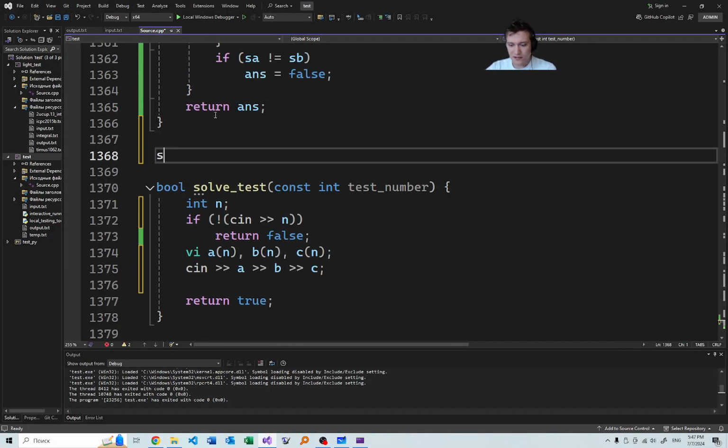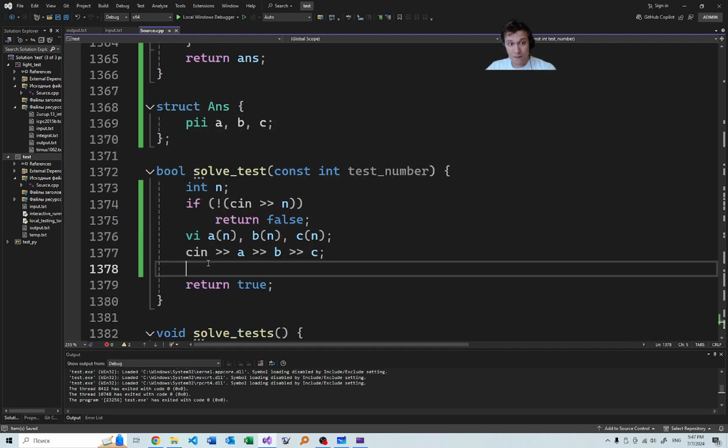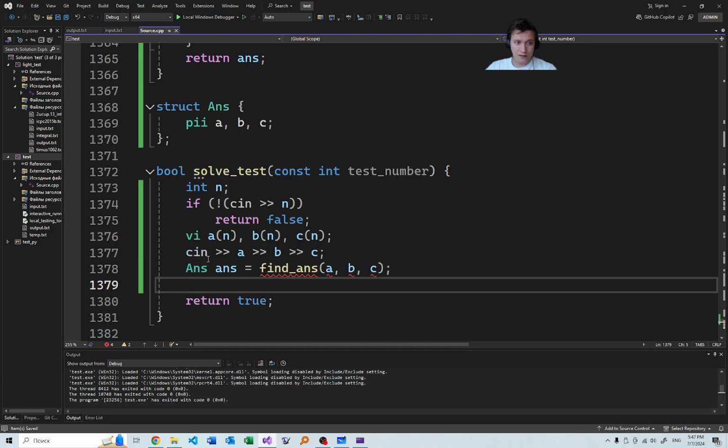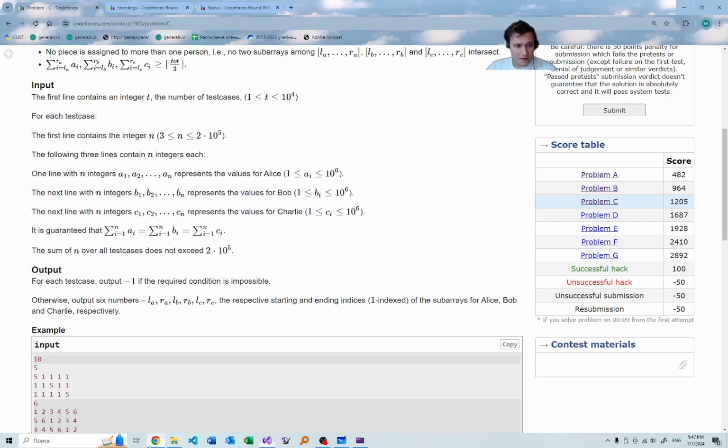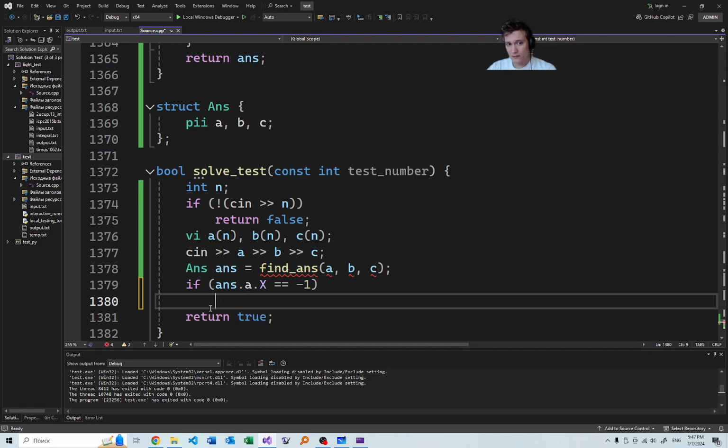So, okay, let's make struct ans. Okay, so if like ans dot a dot x is -1, for example, we print -1.